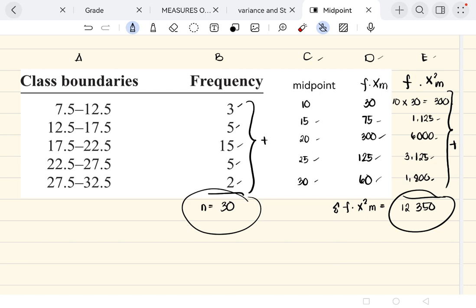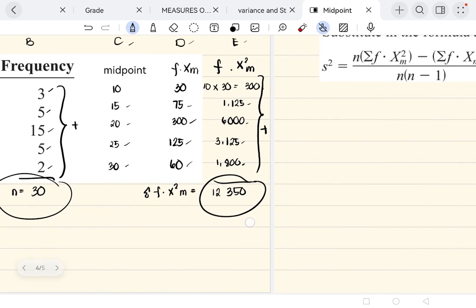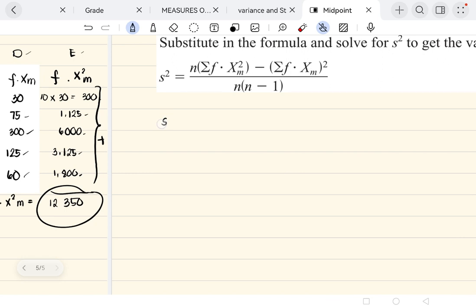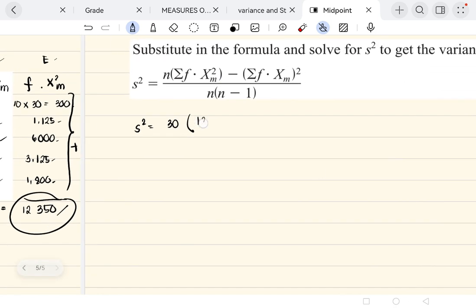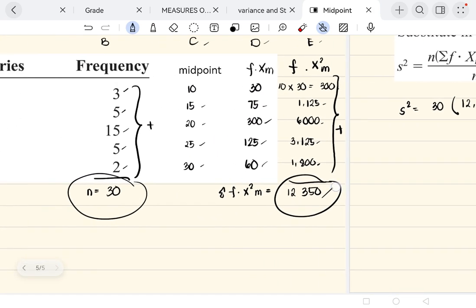So now, since our table is complete, we will now substitute our given to our formula. So that is s squared equals our n, which is 30, times the summation of our frequency times x squared m, which is here 12,350, minus the summation of frequency times the midpoint.